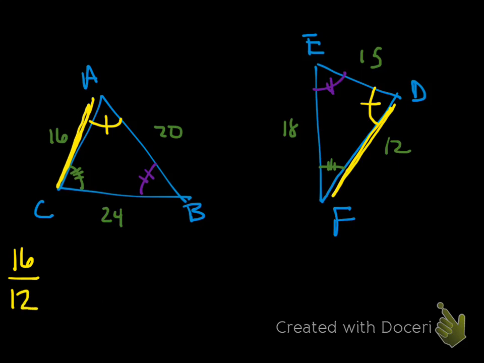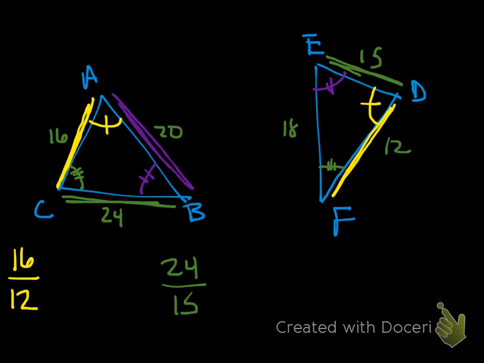CB corresponds to ED, so 24 over 15. And our last side, AB, corresponds to EF, so I've got 20 over 18. If this is proportional, that means that all of these side lengths are going to simplify to the same ratio. So this would be 4 over 3.